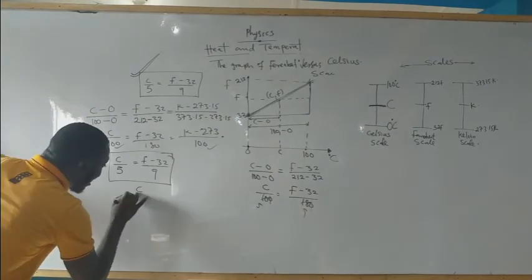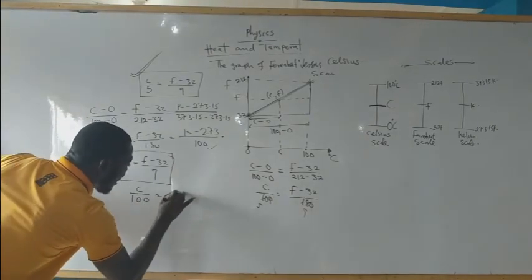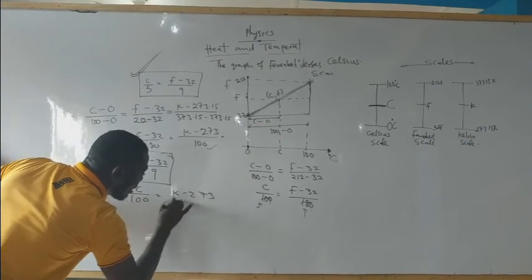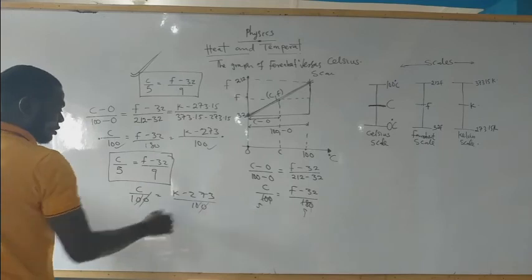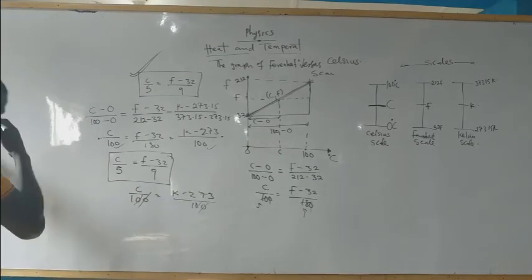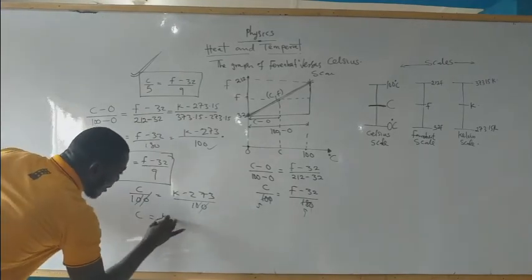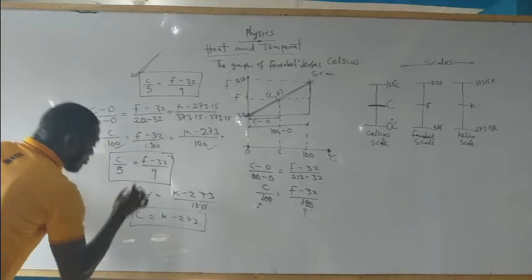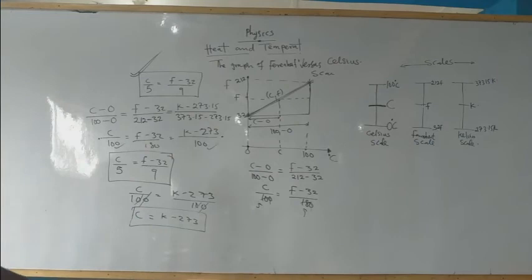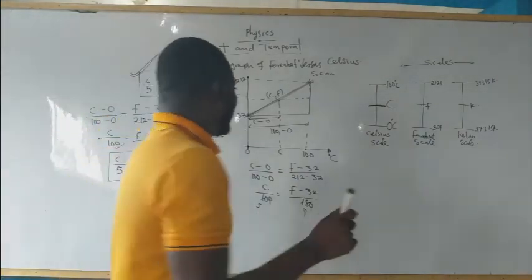So we can have C upon 100 equals to K minus 273 upon 100. So we can have C to be equal to K minus 273. Take it.